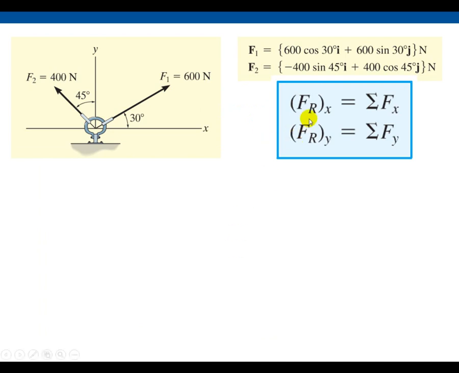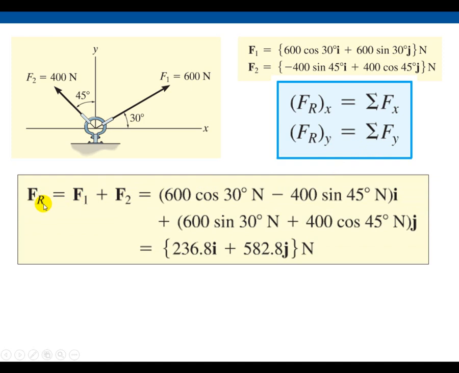Okay. So we expressed F1 and F2 in a Cartesian vector. So again, resultant force Frx is sigma of all the x components of each force, and Fry is the summation of all the y components of each force. So the resultant force is F1 plus F2 based on the parallelogram law. So F1 is this and F2 is this.